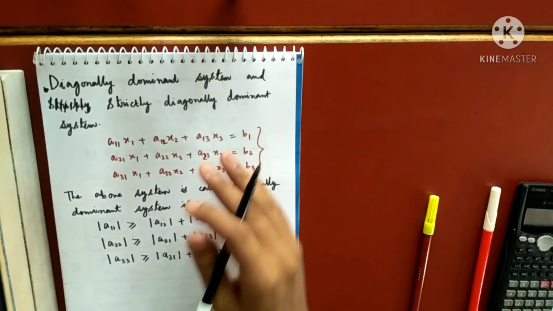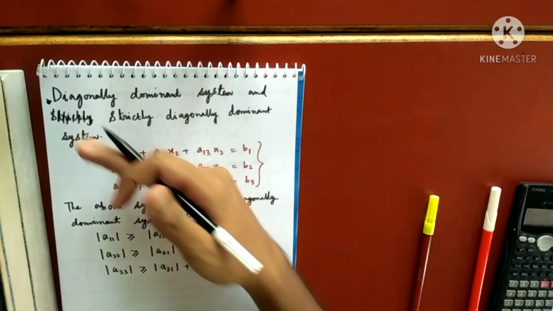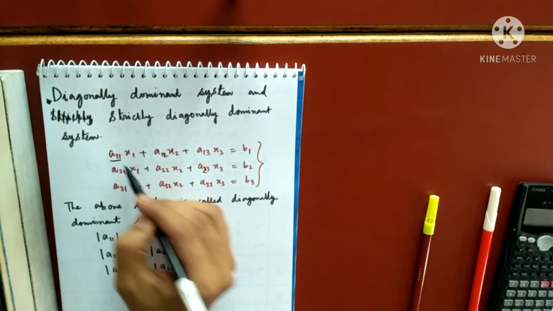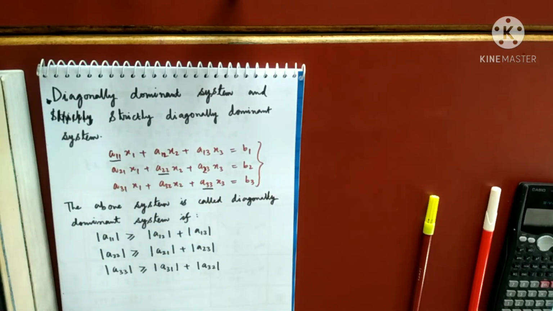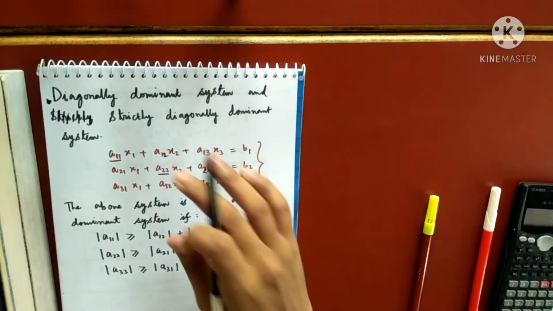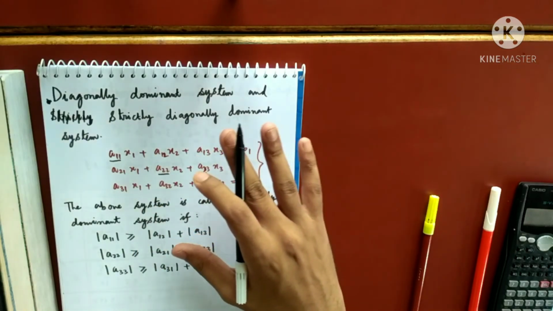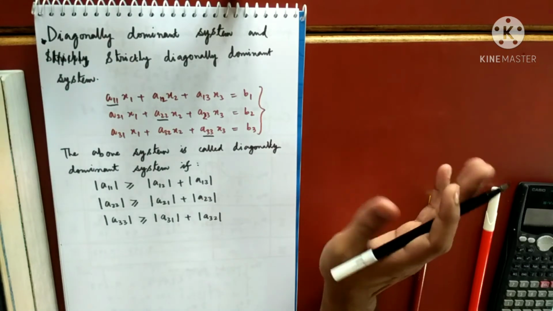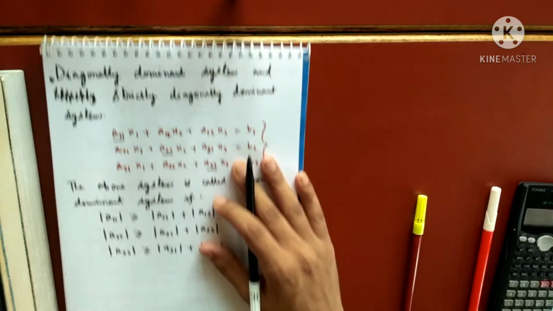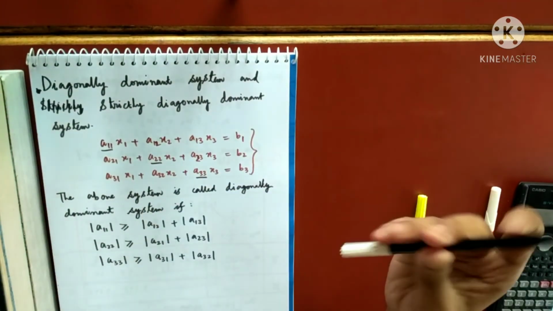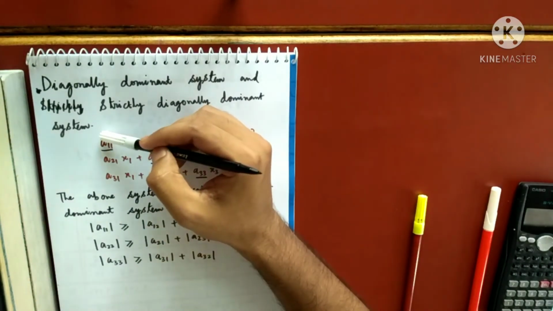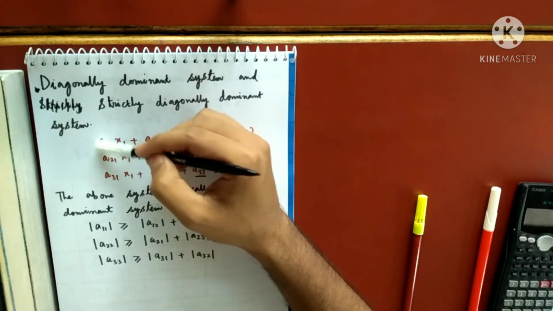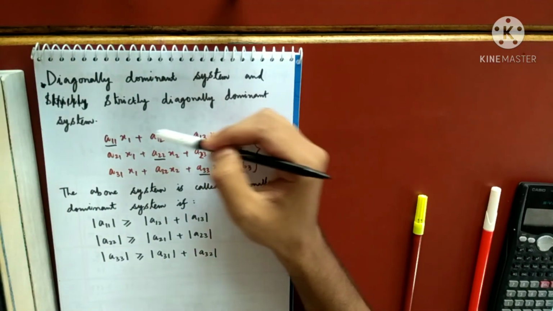That means I will call this system diagonally dominant. So look at the diagonal. Now the name comes from here. This is the diagonal. Whichever numbers are negative, I'll make positive. That means I'm taking mod. You know, mod makes the number positive. Now I will call this system diagonally dominant if the numbers present in the diagonal are more than the sum of these numbers.